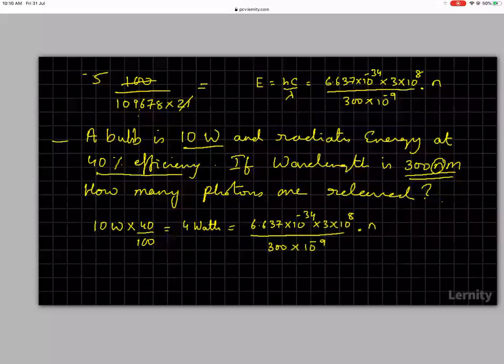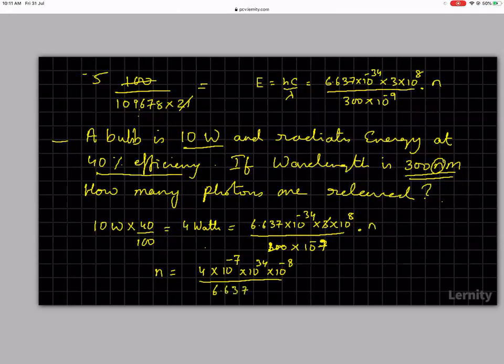So I can now say that this 3 will get cancelled. So this will become 10 power minus 7. So I will get n is equal to 4 into 10 power minus 7 into 10 power 34. It comes down, minus 34 goes up, becomes plus, into 10 power minus 8 divided by 6.637.